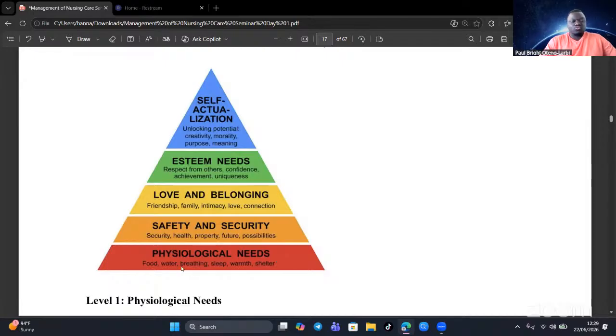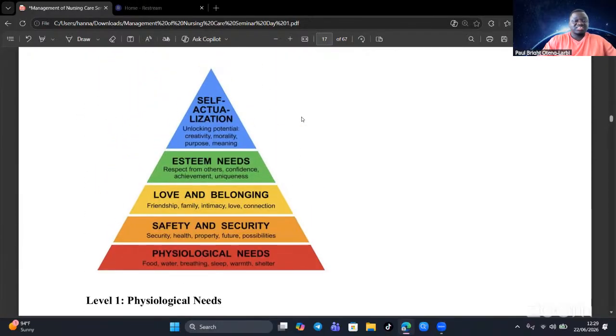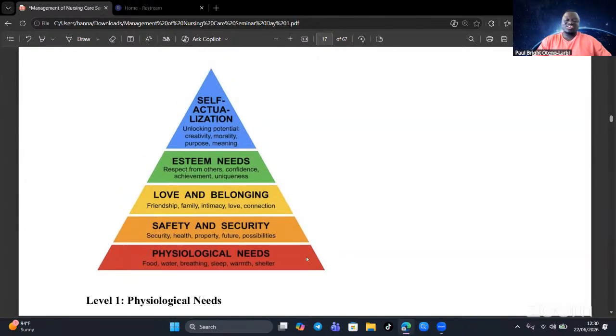So food, water, breathing, whatever, safety, shelter, health, property, future, and all these things go in that upward format. They can give you a question with 5 patients: one having a safety need, love and belonging need, esteem need, self-actualization need, and physiological need.